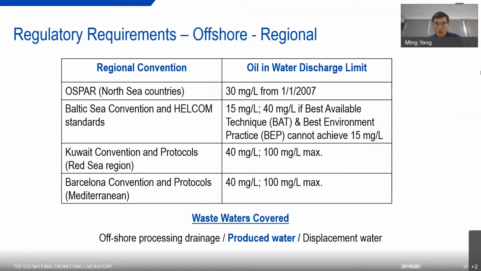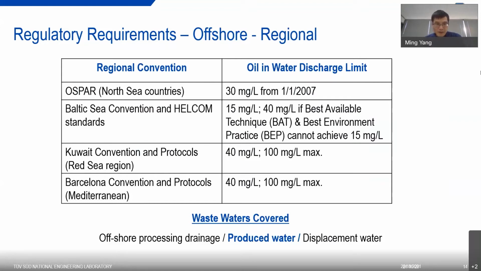At the regional level, there are many of these conventions, certainly well known are OSPAR, the Baltic Sea Convention covering the Baltic Sea, the Kuwait Convention covering the Red Sea, and the Barcelona Convention covering the Mediterranean Sea. In the OSPAR areas, the oil in water discharge limit is a monthly 30 milligram per liter.